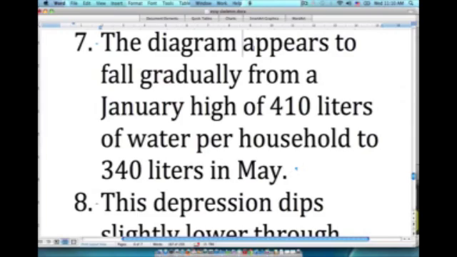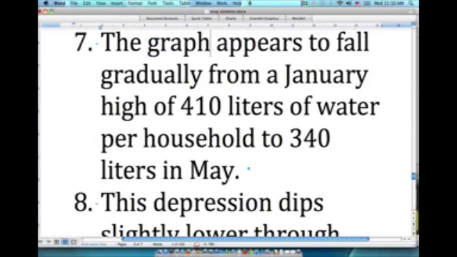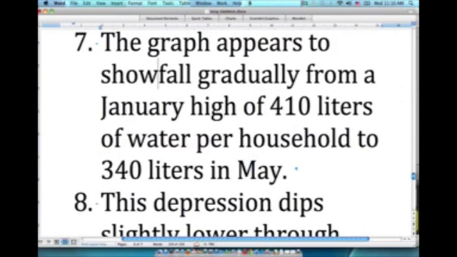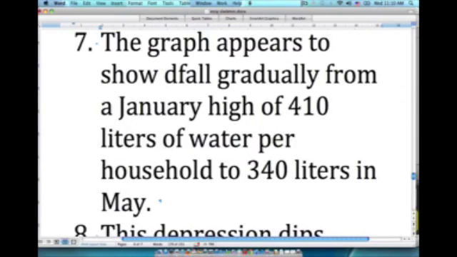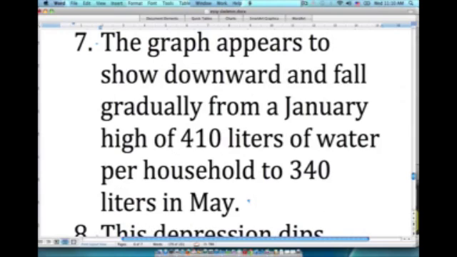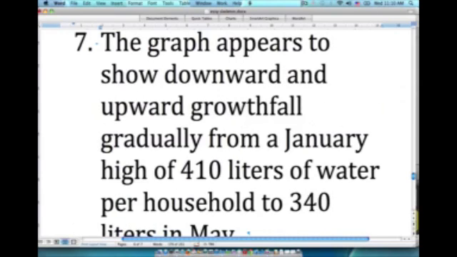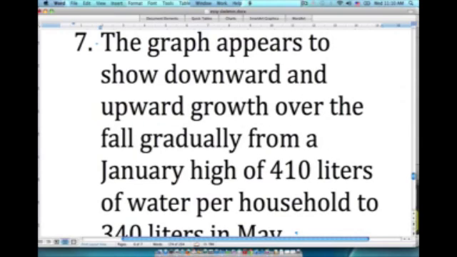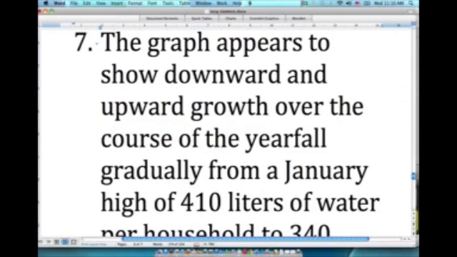But if we were to do that, we could share something like this. Oh, and I wrote diagram and I should have written graph. Well, that's a mistake. The graph appears to show downward and upward growth over the course of the year.